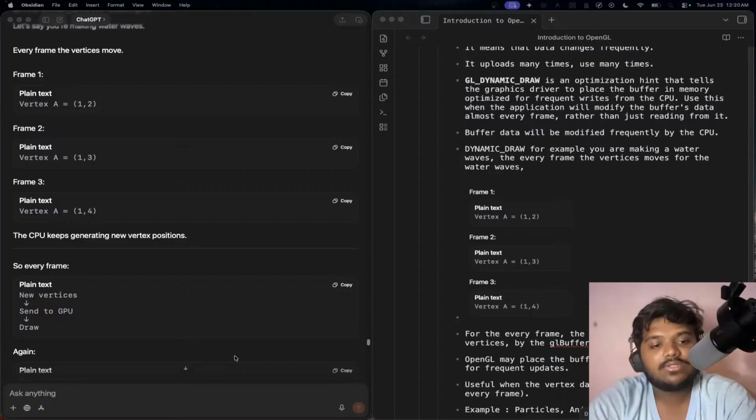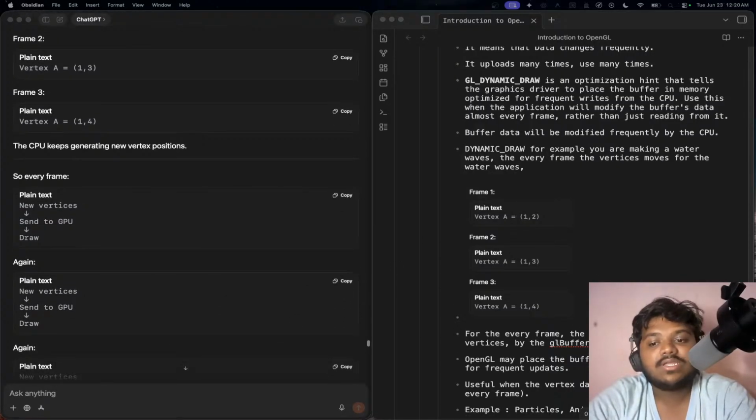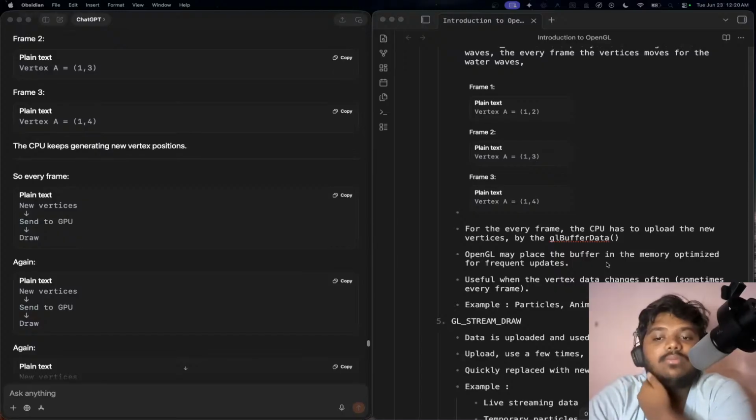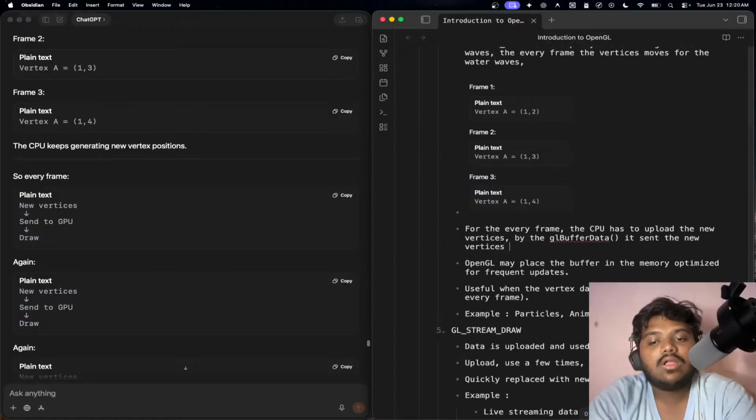All right, so the GPU keeps generating that. For example, every frame the GPU has to upload the new vertices by glBufferData.